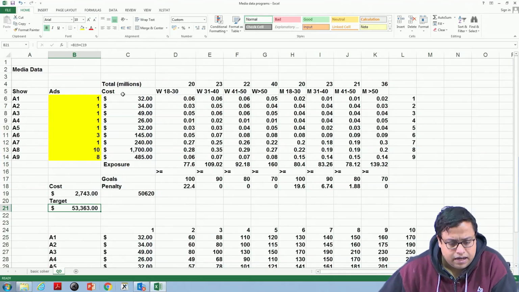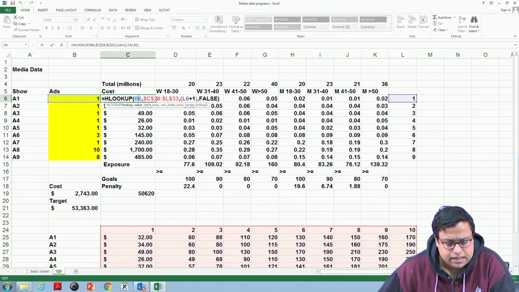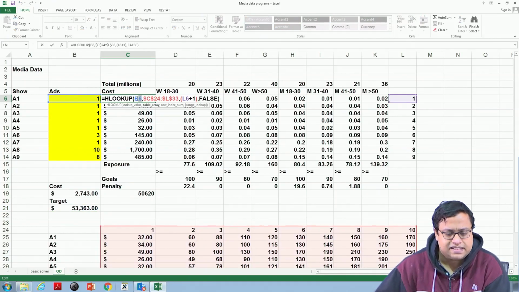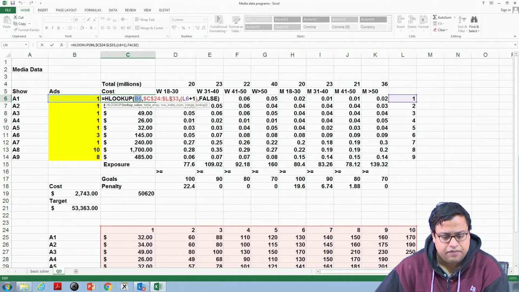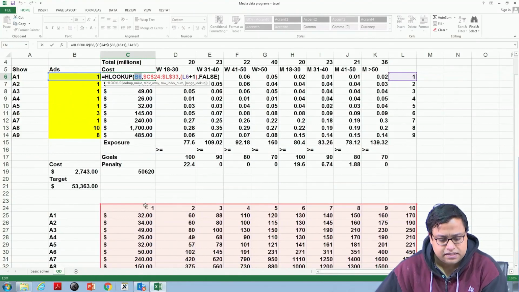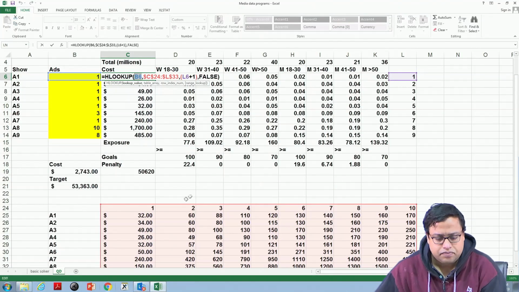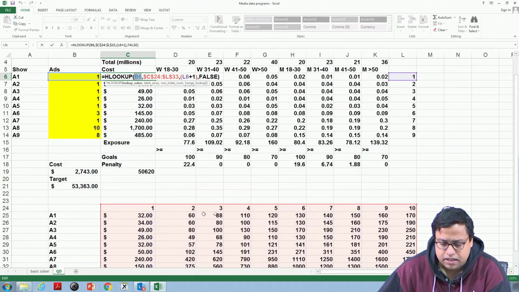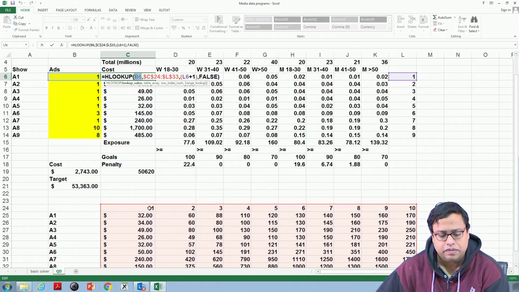Now, here I have done a little bit wrong. What I have done is I have written HLOOKUP B6 means this value into C2 to L14. HLOOKUP means first, B6 it will actually find out in this first row. If in this case it is 1, it will find out in this column.